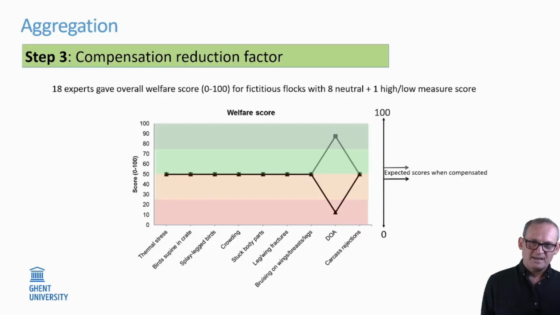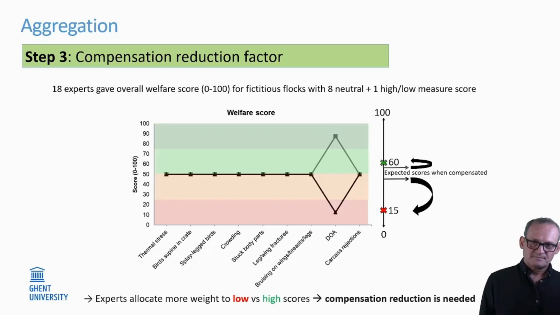However, if according to the experts there was a need for compensation reduction, it would mean that the score they would give to the bad example would be much lower than the arithmetic mean, because they considered that if the DOAs are so high, then overall welfare of that flock must have been bad. And that is exactly what we saw.